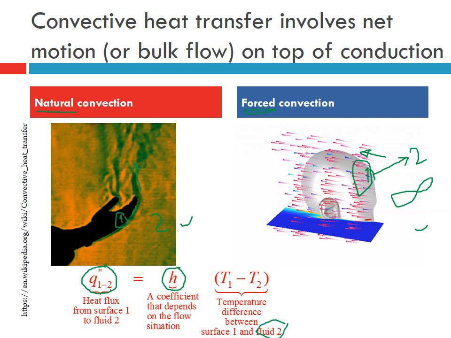Now, like all heat fluxes, this has a direction that is very important to keep in mind. It's from surface 1 to fluid 2 when you write it as T1 minus T2. So when you write T1 minus T2, then this heat flux is happening from 1 to 2.